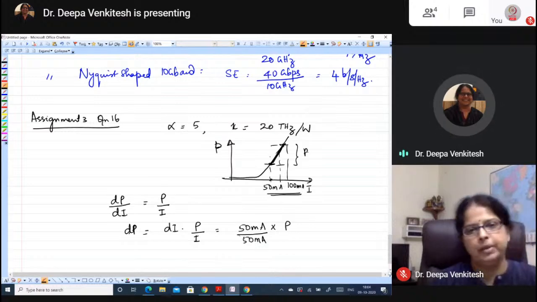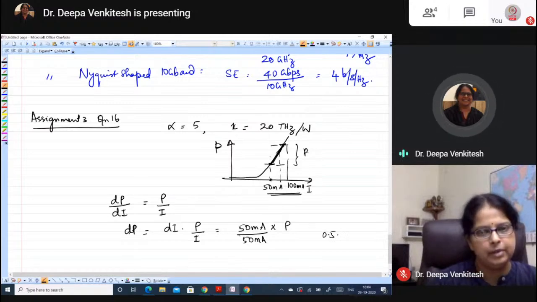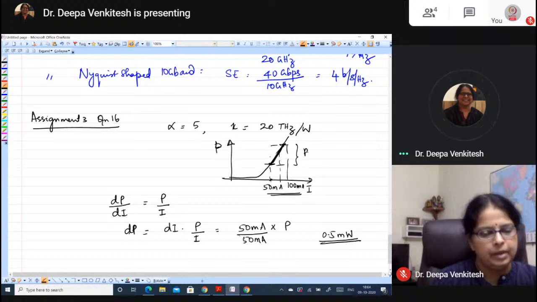So I get the value of power. The power at 50 milliamps is 0.5 milliwatt. It means that my dP is 0.5 milliwatt because the slope efficiency is given, so you can find out what is dP.